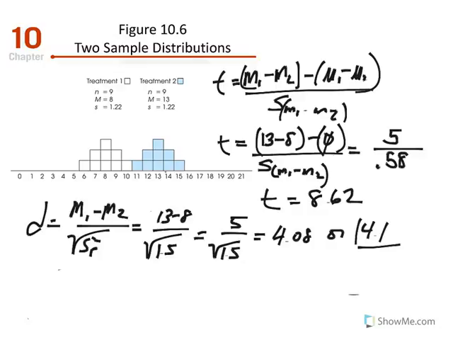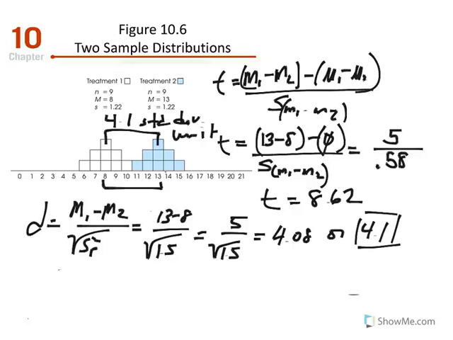And what this value represents is that from this mean value of 8 to 13, that's equivalent in raw score points as 5 points, but now we've converted into a standardized unit of measurement, and it could be expressed as 4.1 standard deviation units. Now recall that anything above 0.8, close to 1 standard deviation unit, is considered very large. So this is significant.